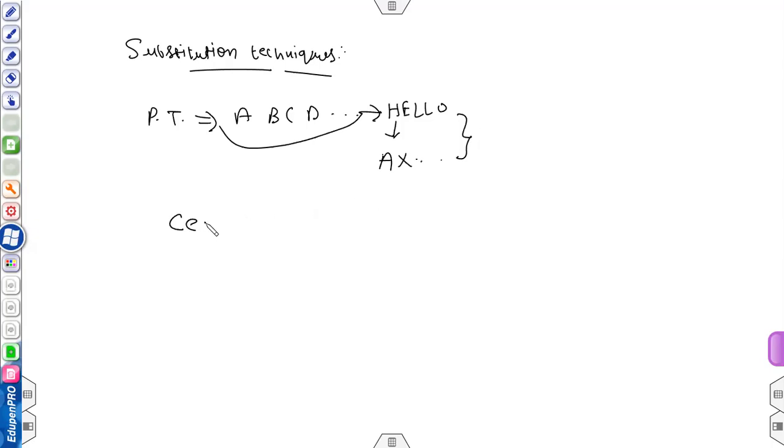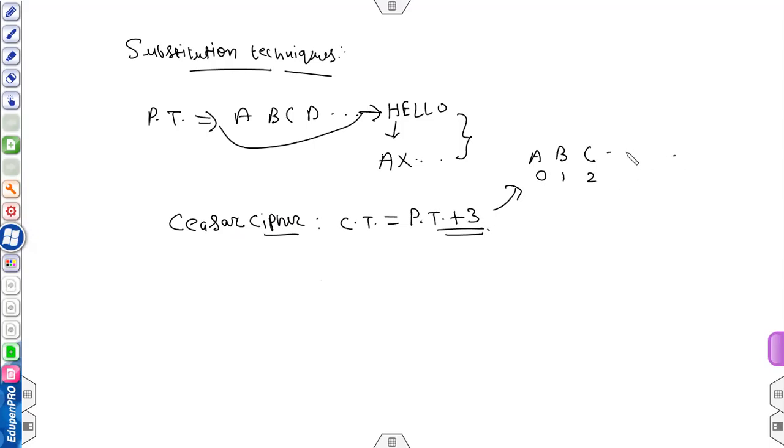The very first one we discussed is the Caesar cipher, where the ciphertext is generated with the help of plain text plus 3. Before starting this, we can give a number to these letters: A, B, C get 0, 1, 2, and so on up to Z, which is 25.